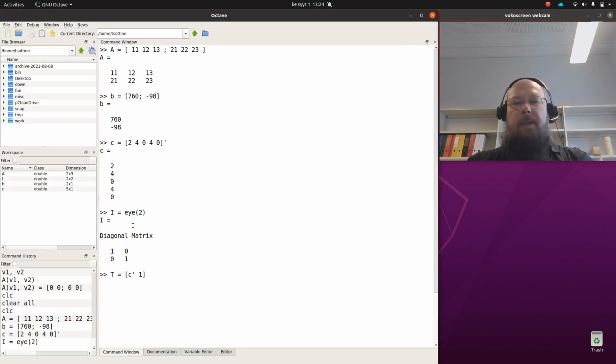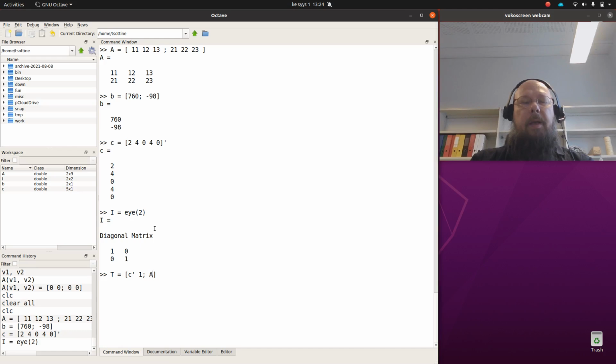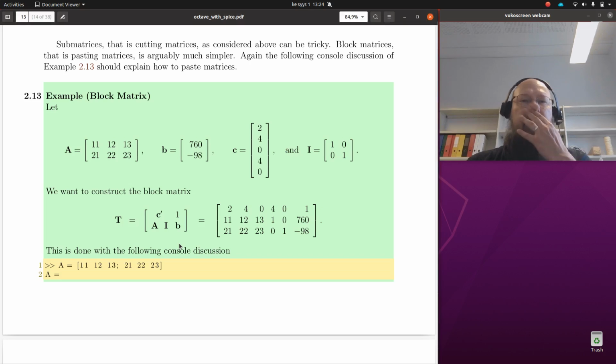Then comes the second row, so we have a semicolon there to separate the rows. And then we have matrix A, followed by the identity matrix that we have defined, capital I. And then there is vector B, which is a column vector, so it's just like this.